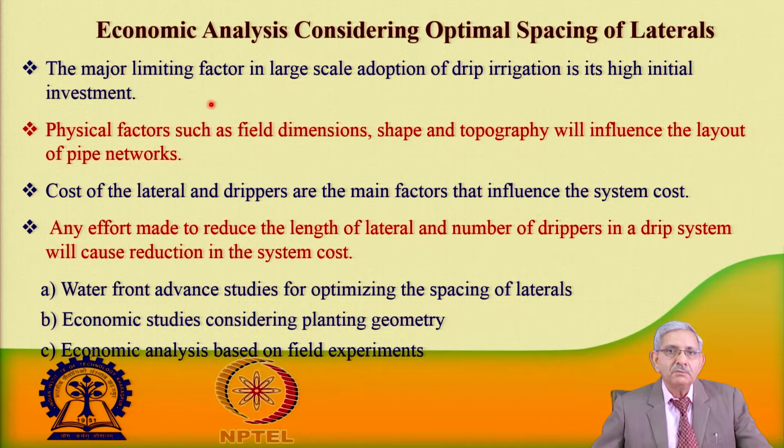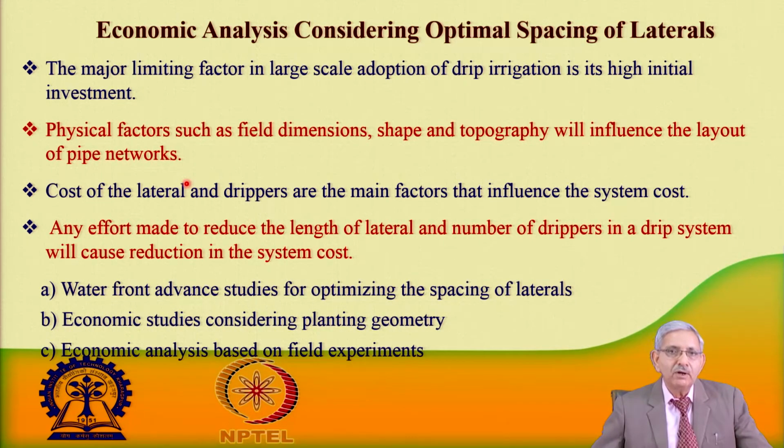The major limiting factor, as we know, is the drip irrigation system components, where the laterals as well as drippers are the major components where cost comes into picture. So, can we reduce the number of drippers, can we reduce the length of lateral?